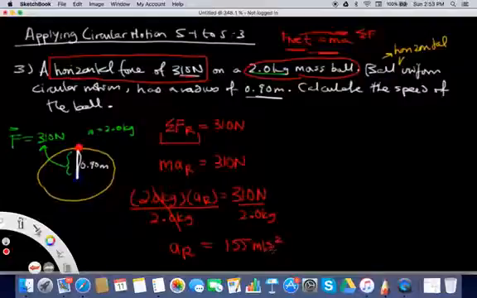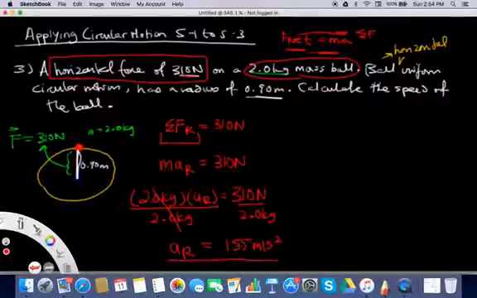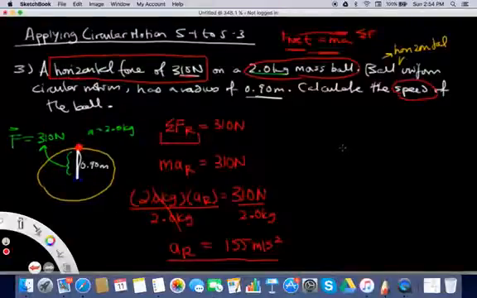But you're like, okay, we have centripetal acceleration. That's great, but they're asking us for the speed of the ball. We didn't really solve anything.